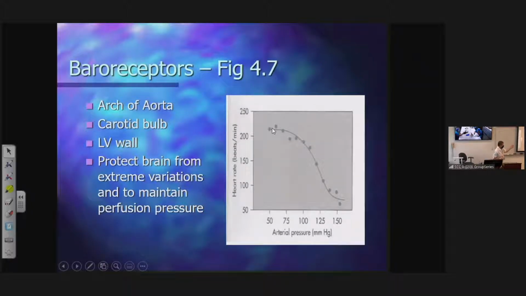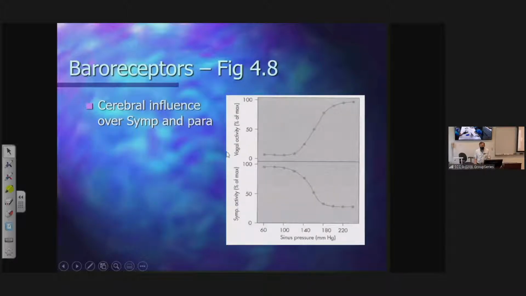Conversely, if you have low blood pressure, the brain wants pressure to itself, so it'll make your heart go faster and stronger also, and give you more pressure. So the baroreceptors are all about keeping the pressure in the brain where it likes it. So the brain will override the body's needs to satisfy its own needs. The brain is kind of selfish. It's preserving itself. Okay.